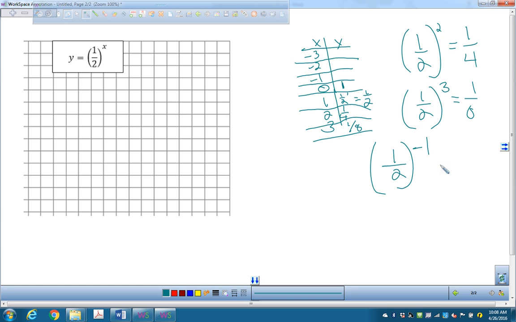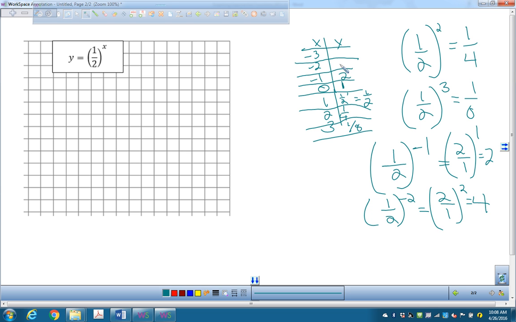So this is equivalent to writing 2 over 1 raised to the positive 1 power, which is just what? 2, okay? This is equivalent to writing 1/2 raised to the -2 power, which is the same as 2 over 1 raised to the positive 2 power, which is 4, right? What do you think this is?